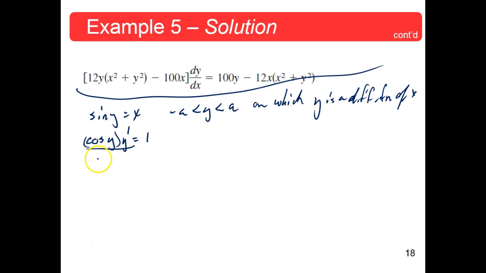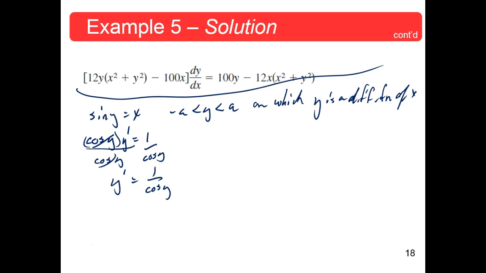Yes. Divide both sides by cosine y. And now you have y prime, or dy dx, is equal to 1 over cosine y. Now, we have found dy dx implicitly for that equation.